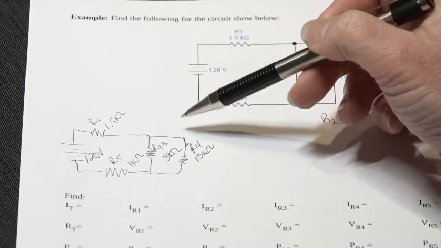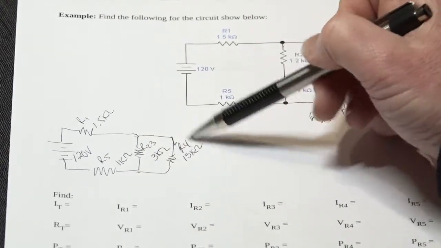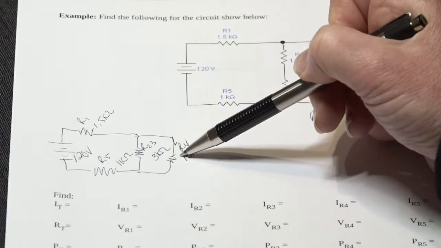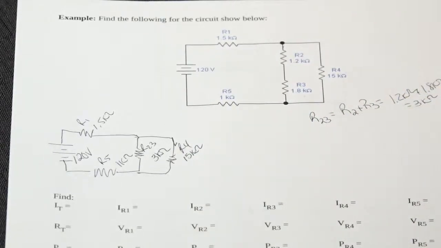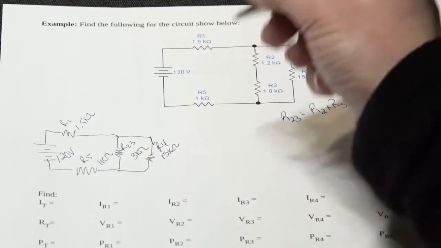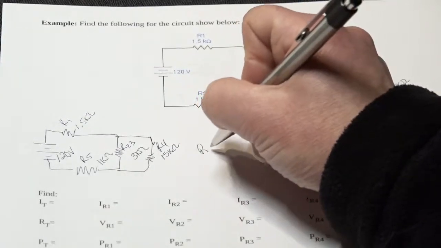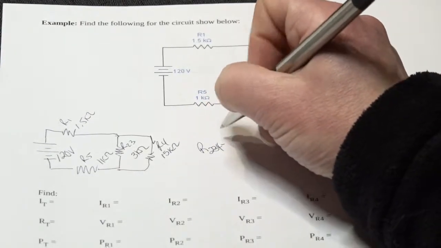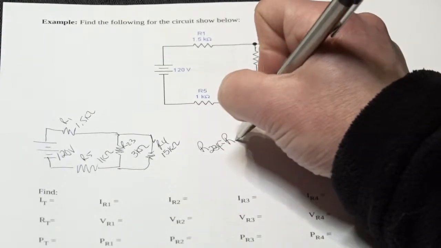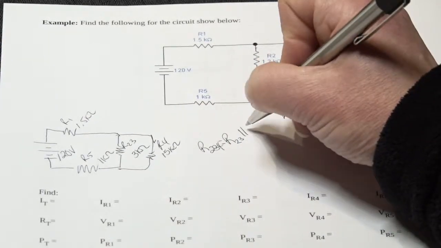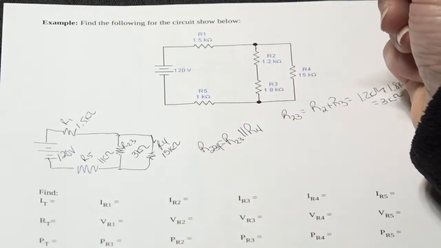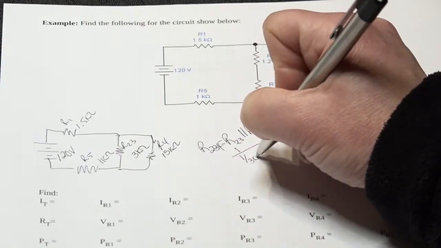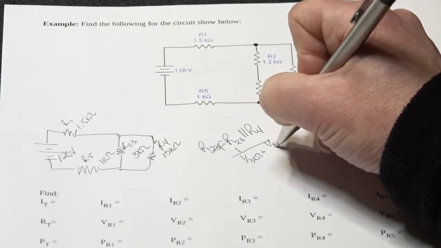Now, if we look, we see now that this combination and R4 are both directly in parallel with each other. So I like to come up with a new crazy name for this combination. I call it the R2,3,4 combination, which is going to be equal to R2,3 in parallel with R4. So we do 1 over 3 k ohms plus 1 over 15 k ohms.